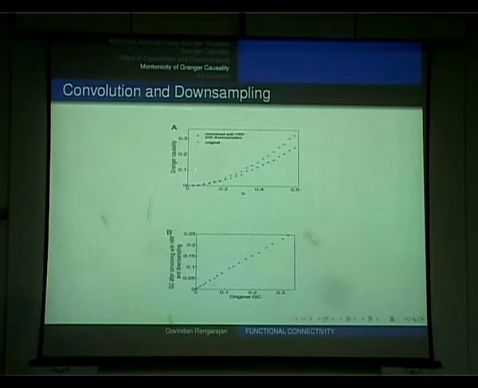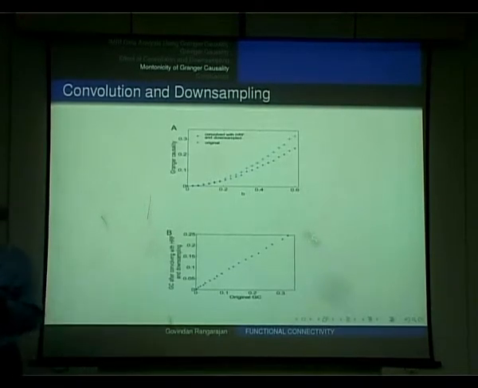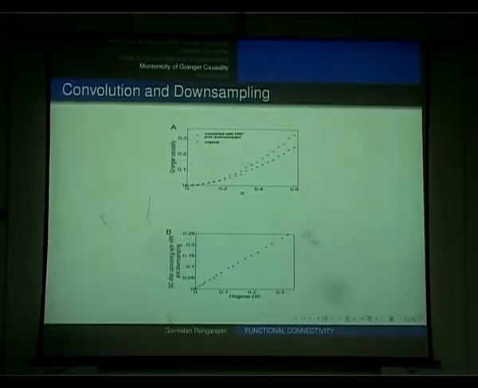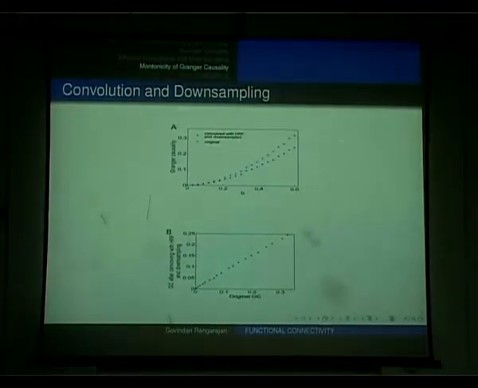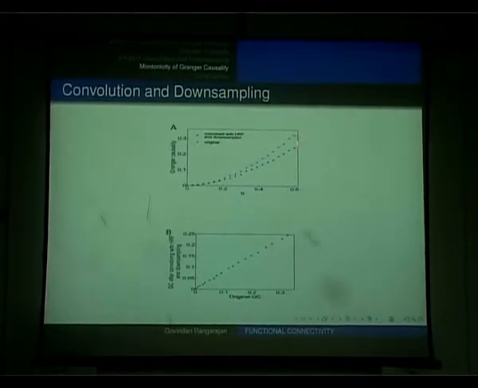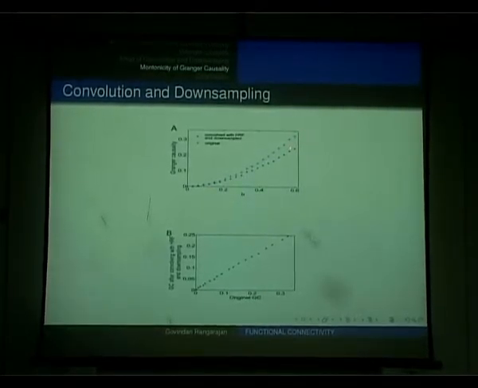And then you can do something more complicated where you can include both downsampling and the convolution with HRF. And what you get is, in fact, it becomes better. That is, the change from the original to the downsampled and convolved signal, the fMRI signal, is not so much as with only purely downsampling.